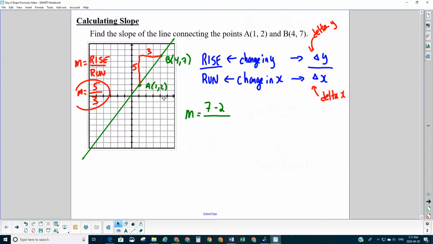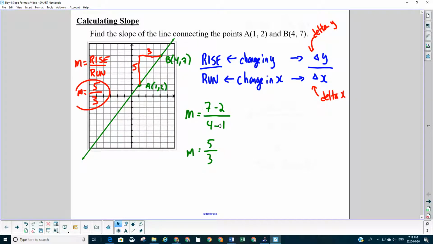And the run behaves the same way. We're at a 4 right now. Where did we begin? We began at a 1. So the change from 1 to 4, 4 minus 1, gets us our run. Of course 7 minus 2 is 5, and 4 minus 1 is 3, and we get that same slope that we calculated over here.